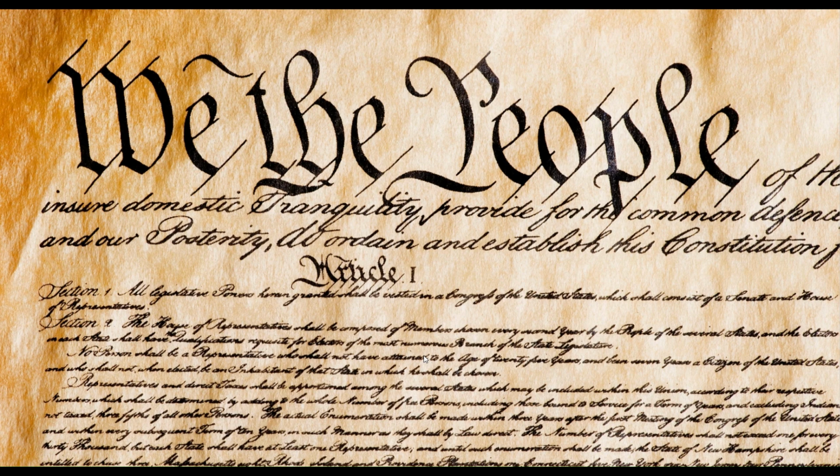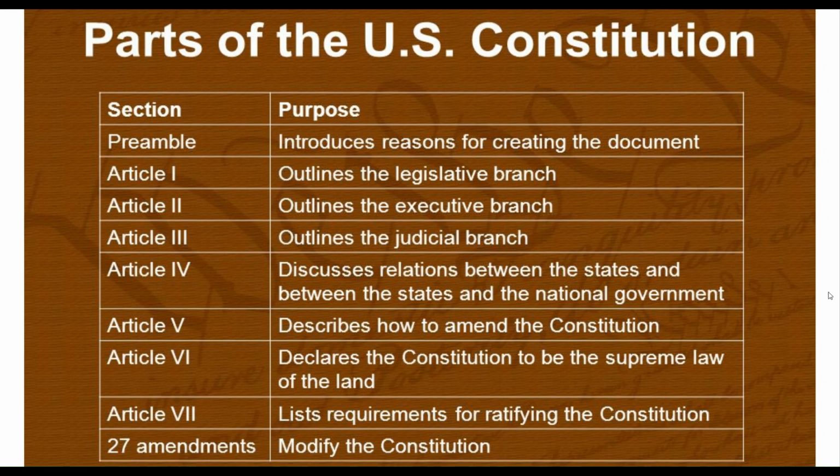They used Roman numerals back then. The creators of the US Constitution wanted the Congress to be the cornerstone of the national government. And so it's in Article 1. Now, the US Constitution is broken up into a whole bunch of different articles.